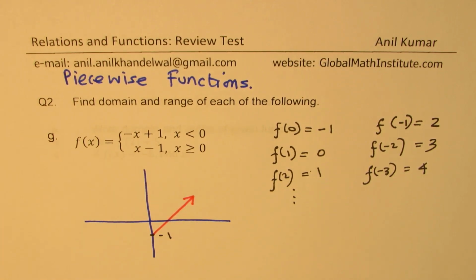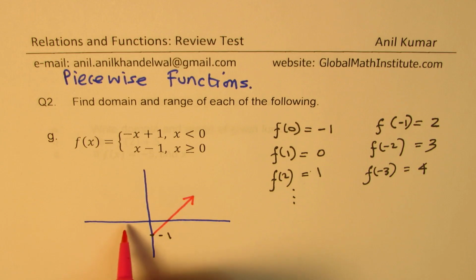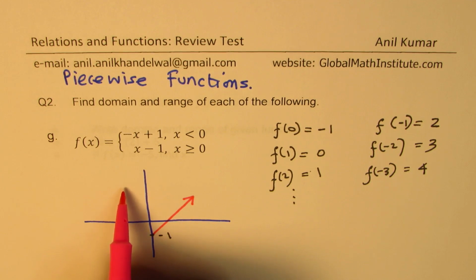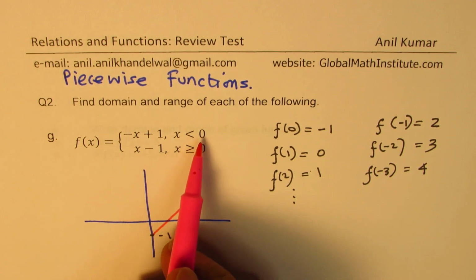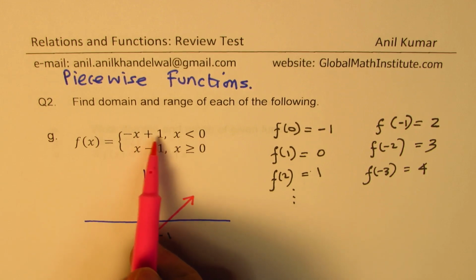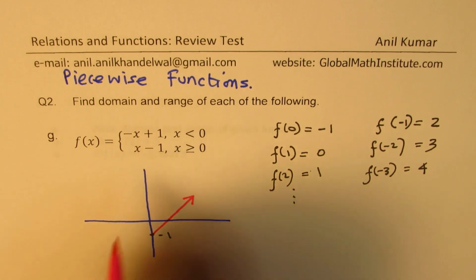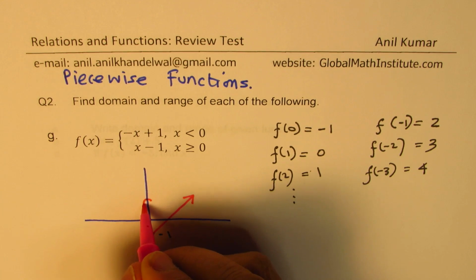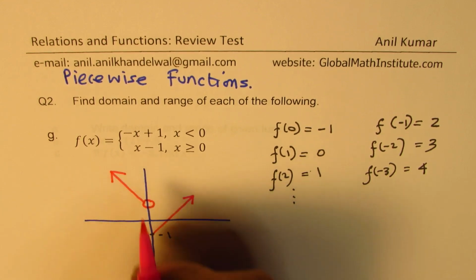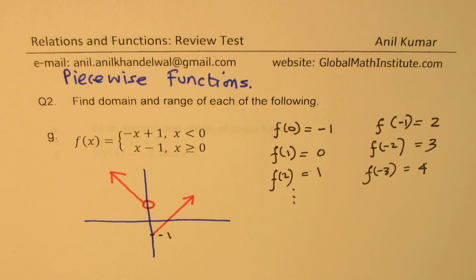For the other half, when x is minus 1, the value of the function is 2, and then it is decreasing. Correct? Now, if it is not 0 but very close to 0, it will be at plus 1. So at plus 1 we have a hole, not considered to be part of this function. It is going to be something like this. Do you understand?